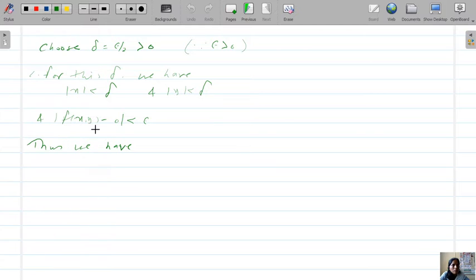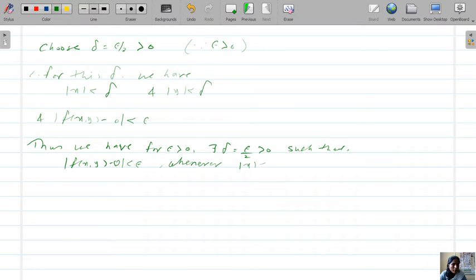And therefore we have, for epsilon greater than 0, there exists delta equal to epsilon by 2 greater than 0 such that mod of f of xy minus L, where L is 0, so mod of f of xy minus 0, is strictly less than epsilon whenever mod x is less than delta and mod y is less than delta.